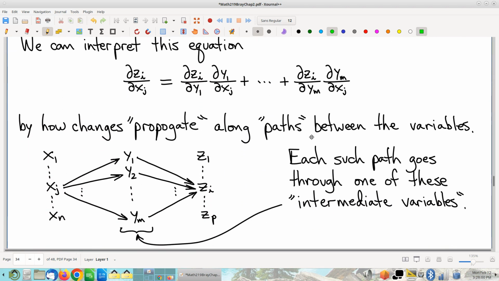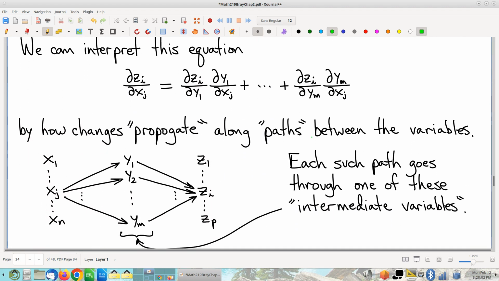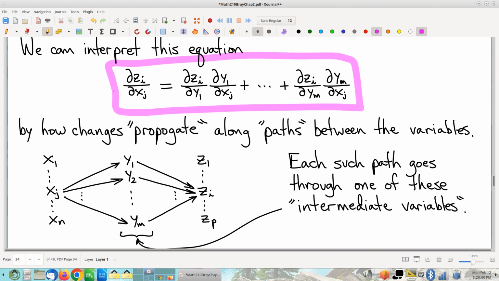So, I want to give you a way of thinking about this equation. Now, this is just a recopy of the equation that we were just looking at, so that you don't have to write down the great big matrix equation every single time in order to draw your corresponding conclusion about what this equation should be.